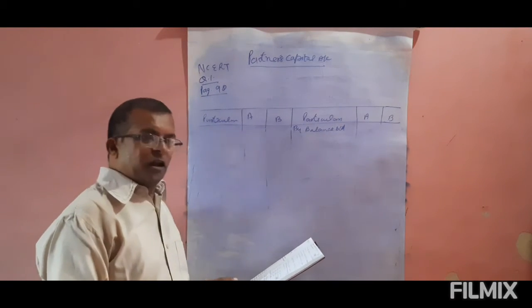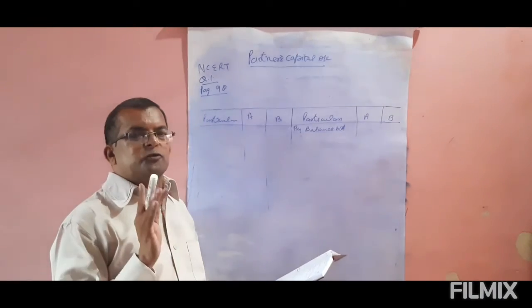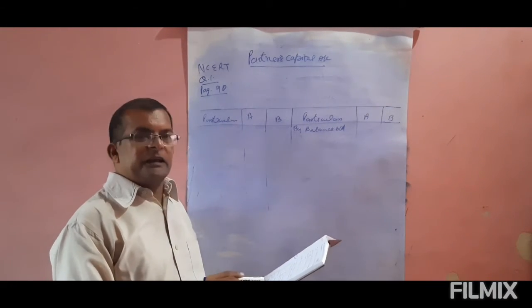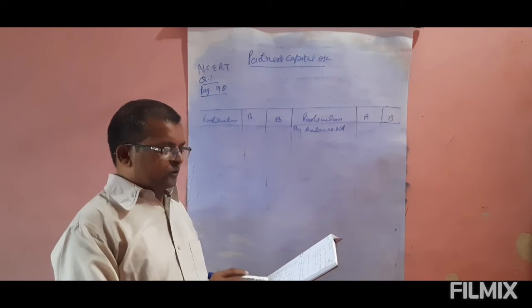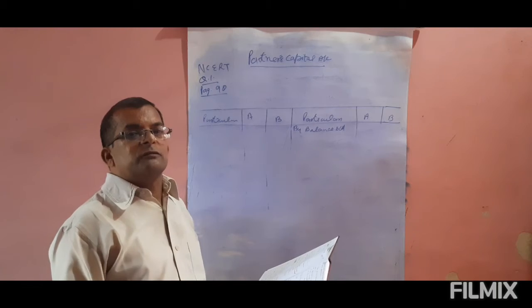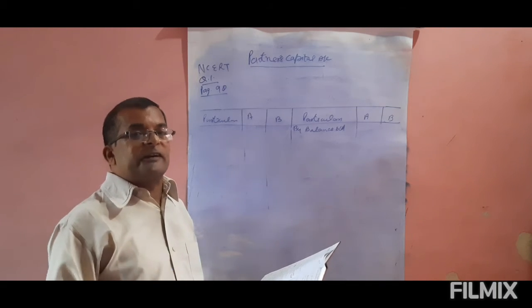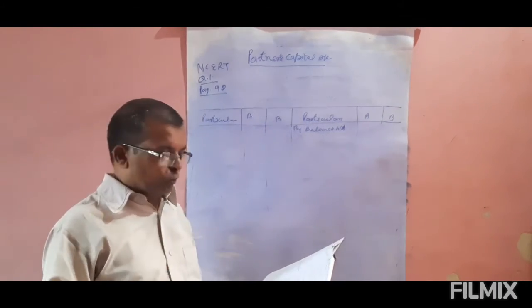Tripathi and Chauhan are the partners in a firm. It means two partners. First is Tripathi and second is Chauhan. Sharing profit and loss in the ratio of 3:2. They distribute the profit and loss in the ratio that is given, 3:2.